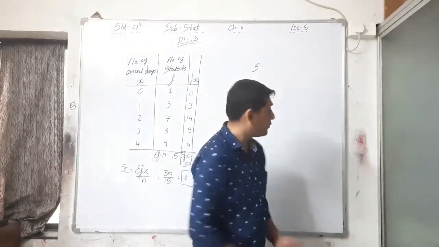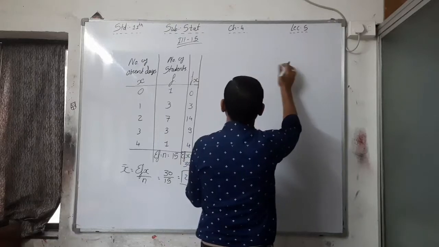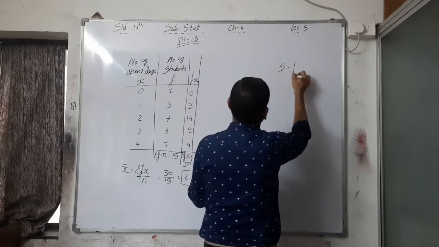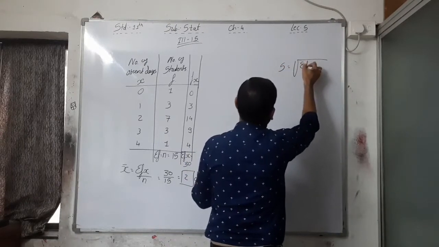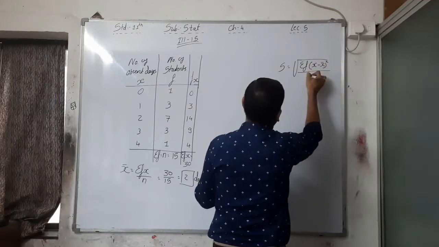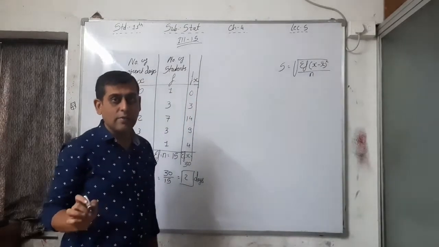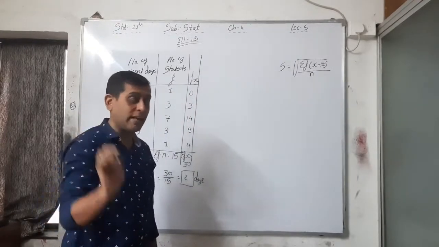See here, sigma f (x minus x bar) whole square upon n. This is the formula for standard deviation. And what is your next question?